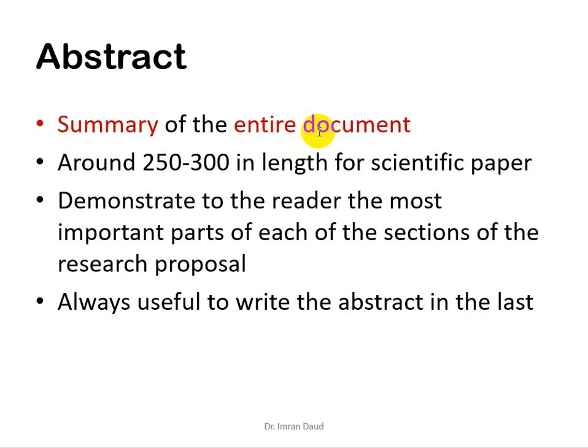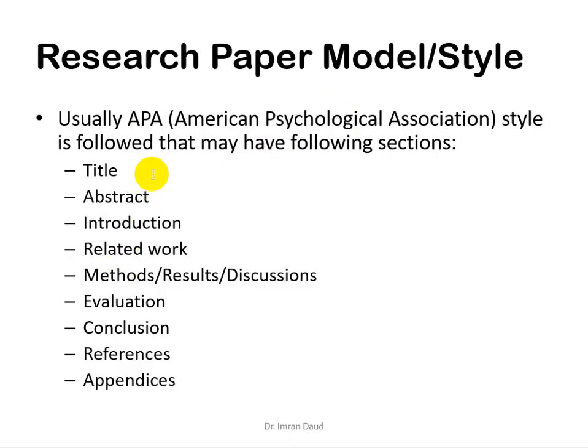Summary can be of several different forms. For example, there can be a summary of your approach or method as well. But right here in the abstract, you must be writing the summary of your entire document. What is the entire document? What is it basically composed of? I already showed you that in the previous slide. This is basically your whole research paper, composed of all these sections.